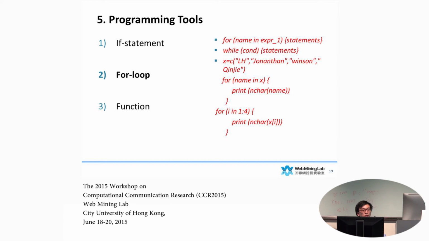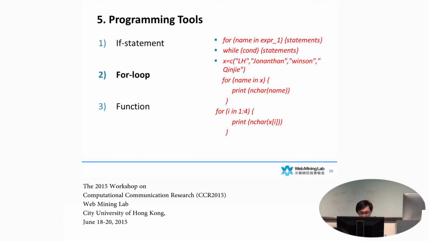Here we just loop the names over the vector. We actually have another way, to loop over the index. For example, here we have four values: 1, 2, 3, 4.